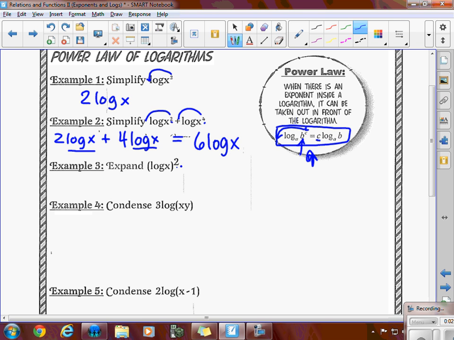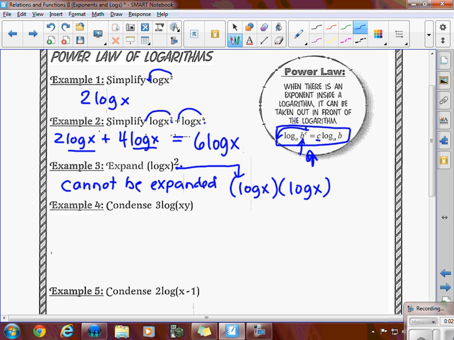So this here is not sitting on the x, it's sitting on the log expression itself. So this one cannot be expanded unless the only expansion we looked at was to say log base 10 of x all squared is the same as log x times log x. That's the only thing we could do to fix that up.